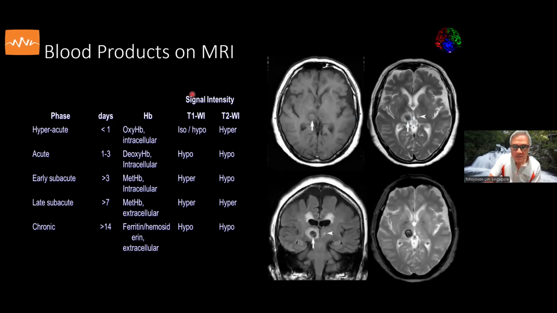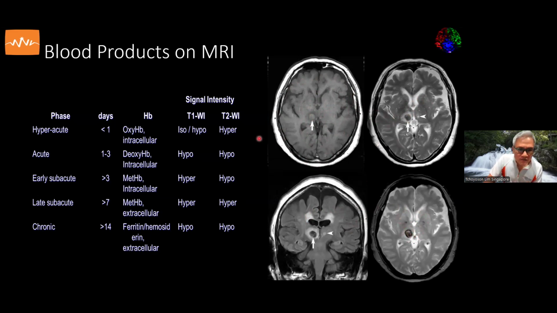So this is a lot more complicated, and we will have to use the synthesis of the different pulse sequences when we describe the hemorrhagic blood product in the thalamus in this particular case. And here's T1 weighted, where it's iso signal, T2 weighted, where it's decreased in signal intensity, and on FLAIR and gradient recall echo, they are susceptible with low signal intensity.